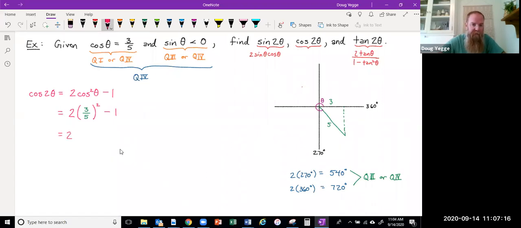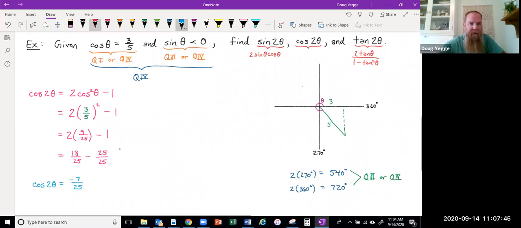This becomes 2 times 9/25 minus 1. That's 18/25 minus 25/25, which means that we know the value of cosine of 2 theta. So cosine of that double angle is equal to negative 7/25.